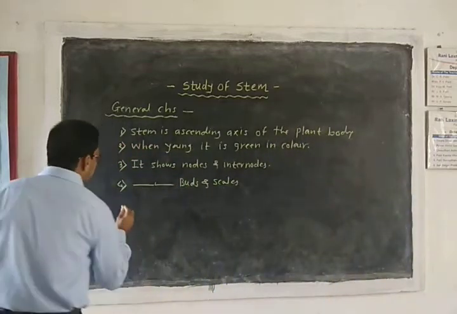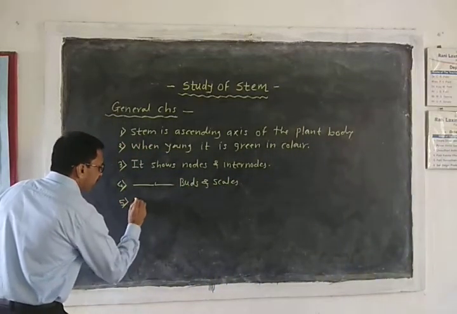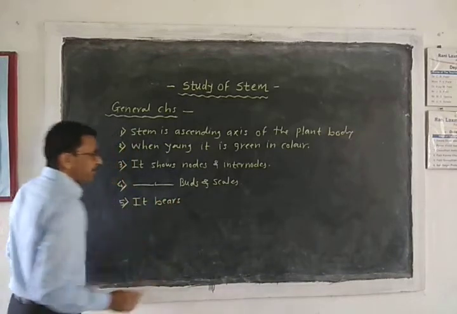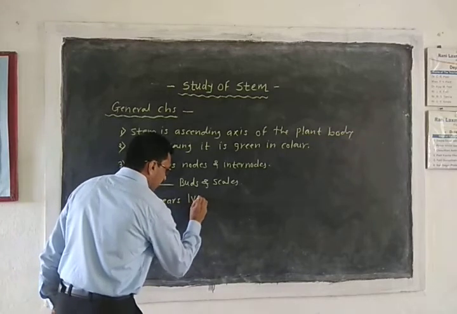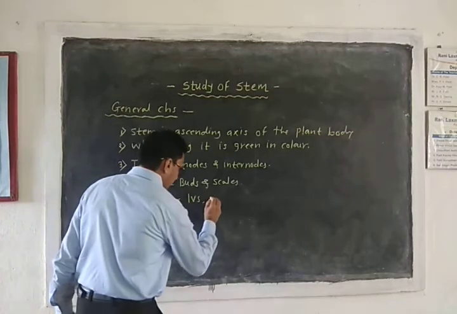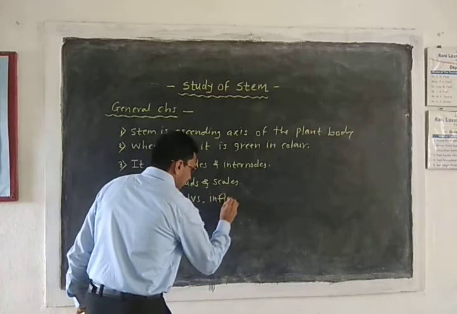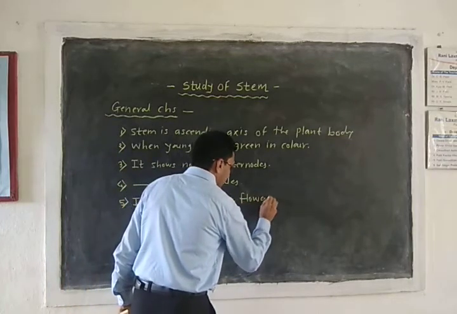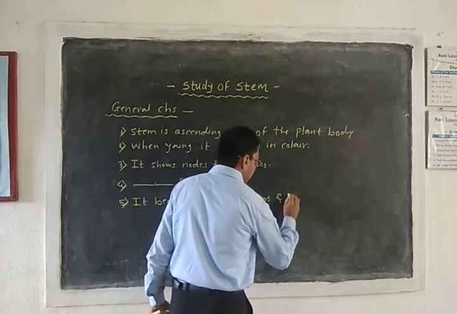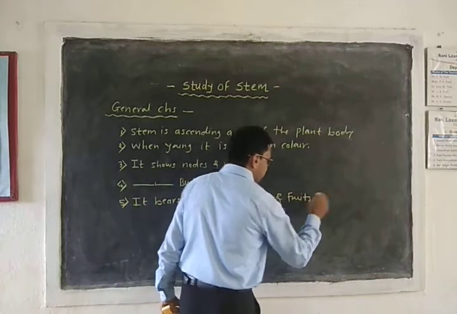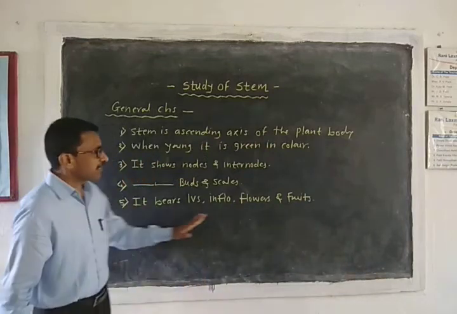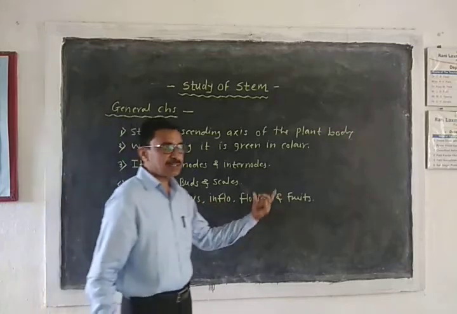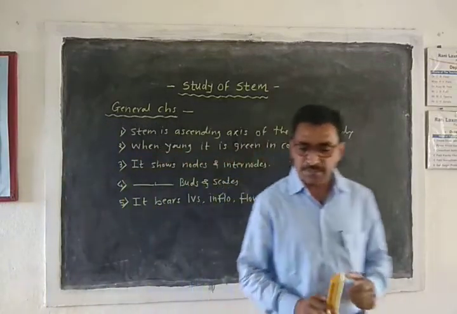Fifth general character of stem is that stem bears leaves, inflorescence, flowers and fruits. Now next general character is that it is generally solid and cylindrical.